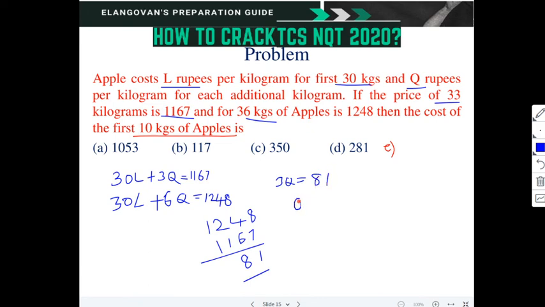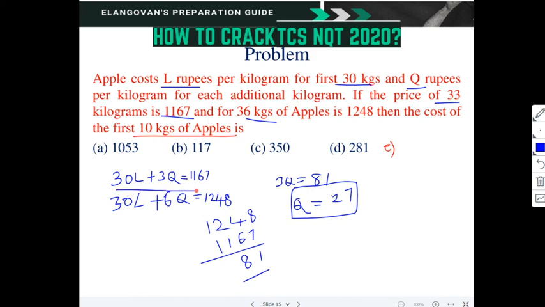Then what is Q? 1 kilogram of apple is 81 by 3. So 3 2s are 6. The remaining 21. 7 3s are 21. So Q is 27. If Q is 27, that is 3Q is 81.